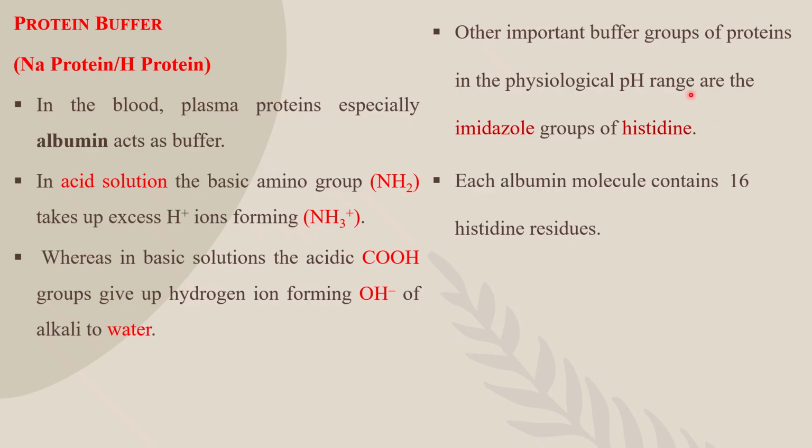The pK value of histidine is very close to the pH of the blood. So that's how histidine maximally contributes to the buffering capacity of the blood, and the concentration of histidine residues is higher in albumin.